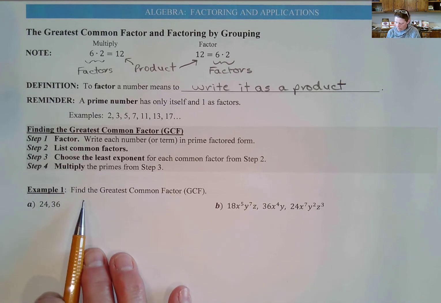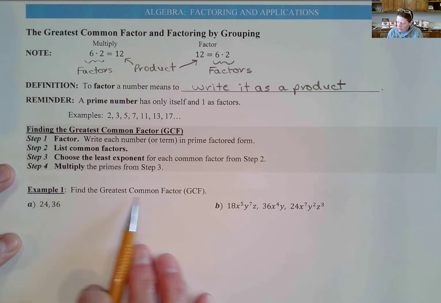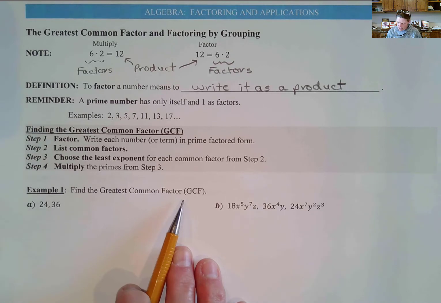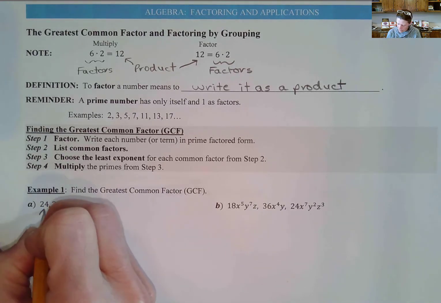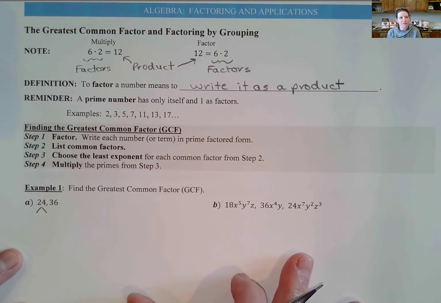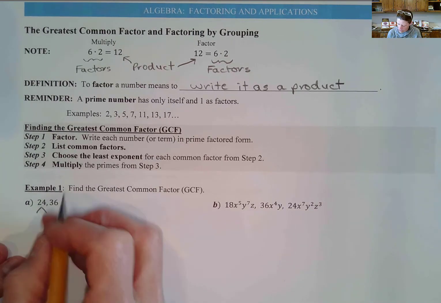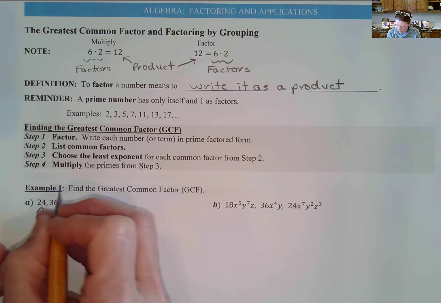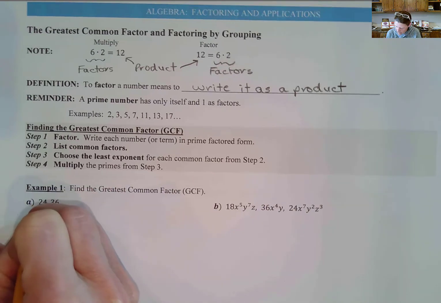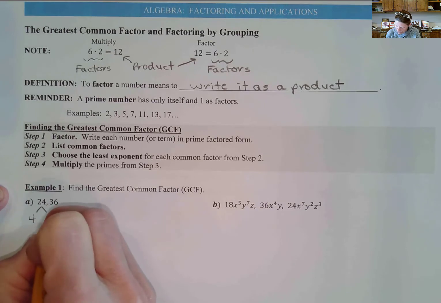For example, find the greatest common factor, or GCF, for the numbers 24 and 36. I'm going to begin to factor this into its primes by using a factoring tree and starting with any factors of 24, such as 4 times 6.